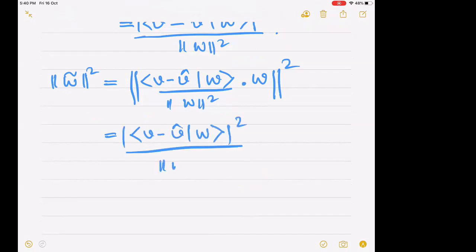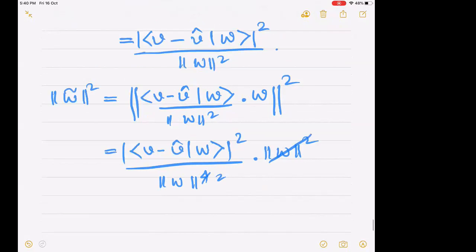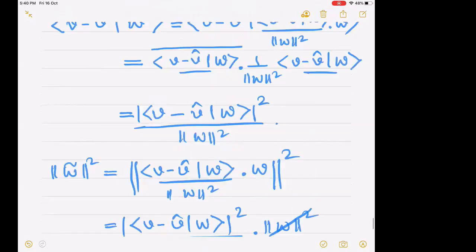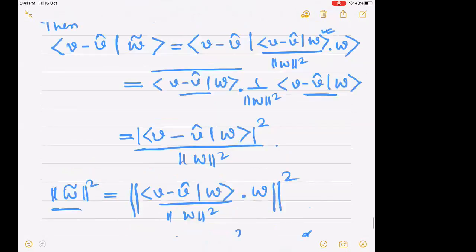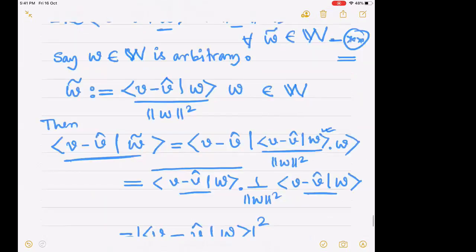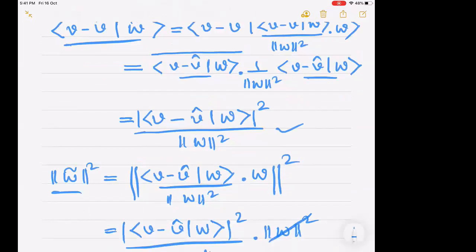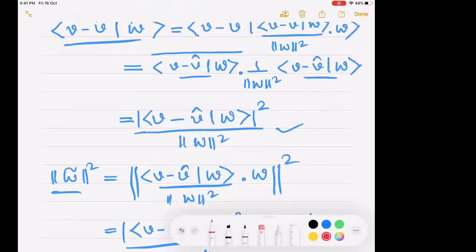Norm W to the power 4 will come out and norm W squared will be there, but this and this can be cancelled out. I have just norm W squared. Now compare the situation. Here W tilde norm squared and this inner product come out to be exactly the same.